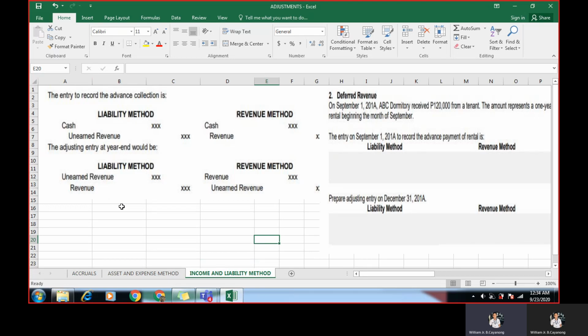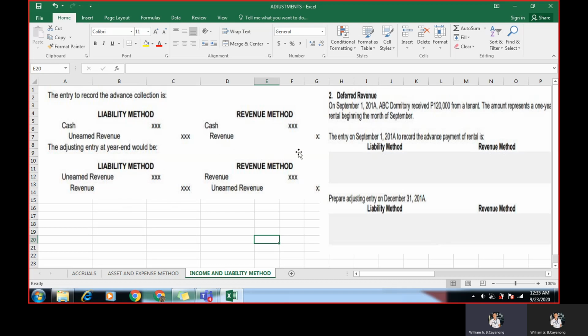But at the end of the period, we are going to recognize revenue and decrease the liability account since there will be an earning of revenue. So hindi siya lahat liability na because some of the services will be rendered at the end of the period. That is why we need to adjust.